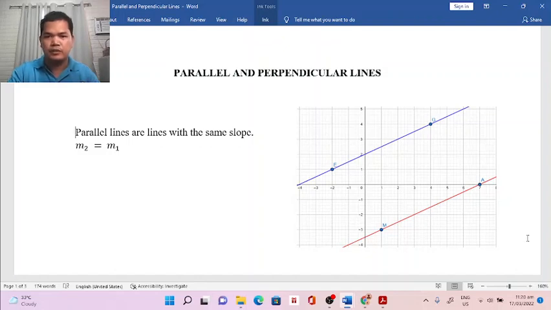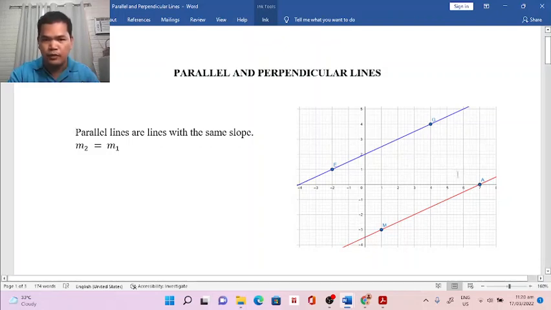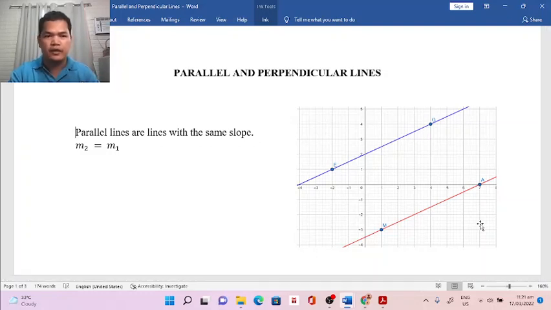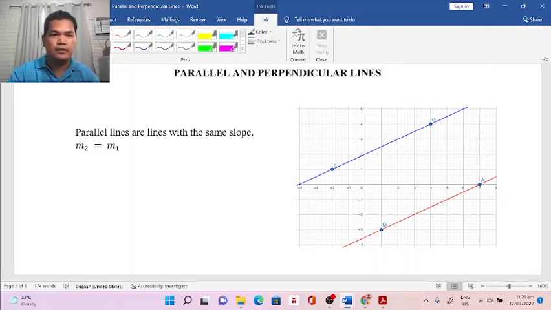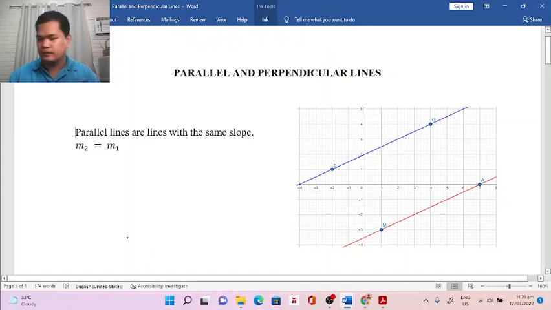Let us try to determine the slope of GE and MA and determine whether these two lines are parallel or not. Let us now determine the coordinates of G and E. So for G we have 4 and 4, and for E we have -2 and 1.